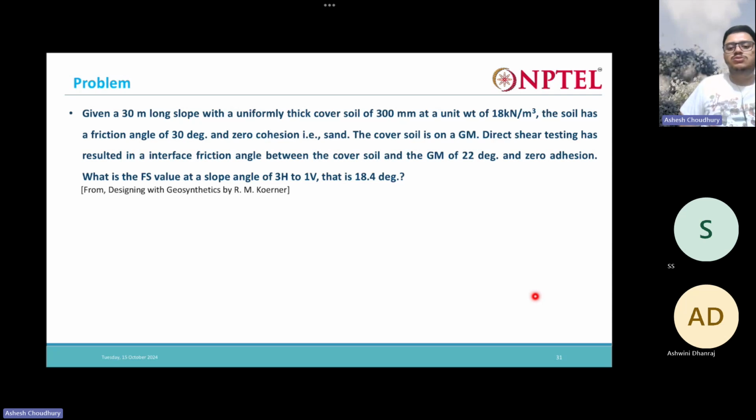The covered soil is on a geomembrane. The direct shear testing has resulted in the interface friction angle between the covered soil and the geomembrane of 22 degrees and zero adhesion. What is the factor of safety at a slope angle of 3 horizontal to 1 vertical, that is 18.4 degrees? So you need to find the factor of safety here. This case is of a finite slope with uniform soil cover.